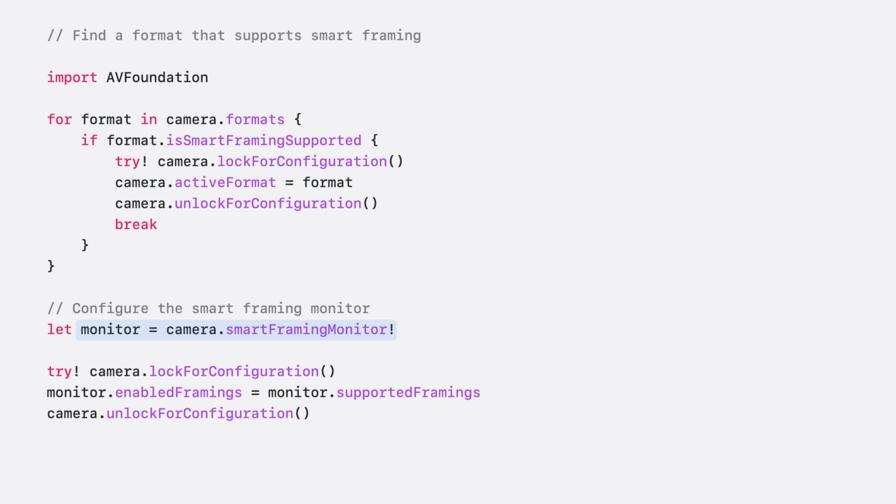By default, the monitor provides no recommendations. Here, I'm setting enabled framings to all of the supported framings. But you can limit this to a subset of supported framings, such as just the 4:3 aspect ratio with narrow and wide zoom factors.